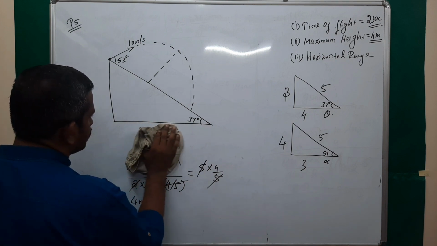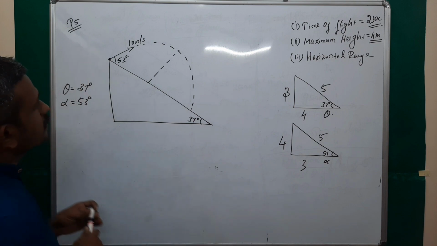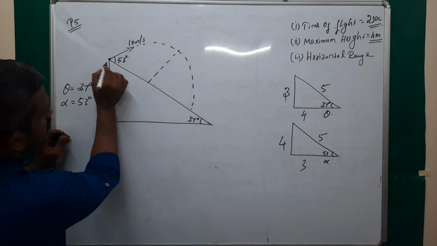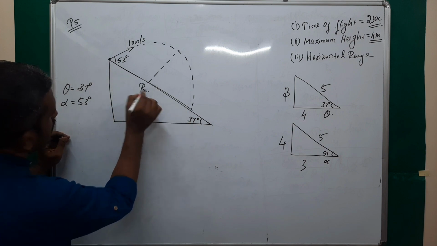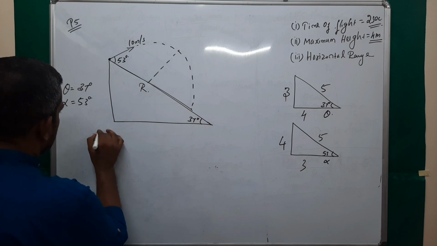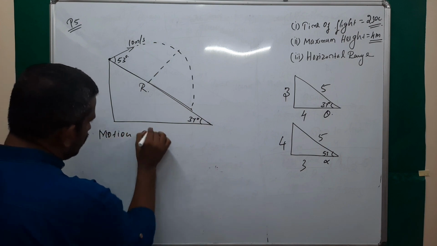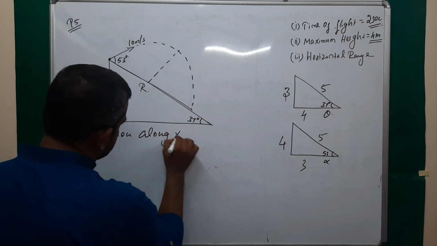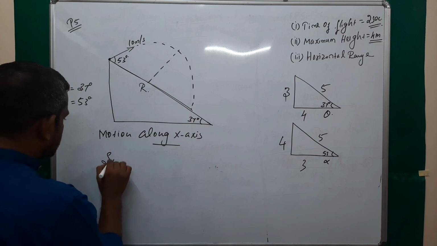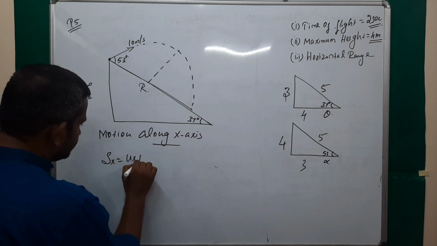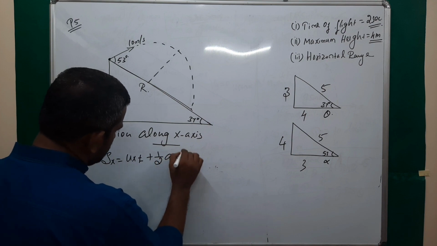What is horizontal range? Horizontal range is this much of distance. This distance is the horizontal range, capital R. Motion along which direction? X direction we are considering. Motion along X axis. So Sx is equal to uxt plus half ax t square.